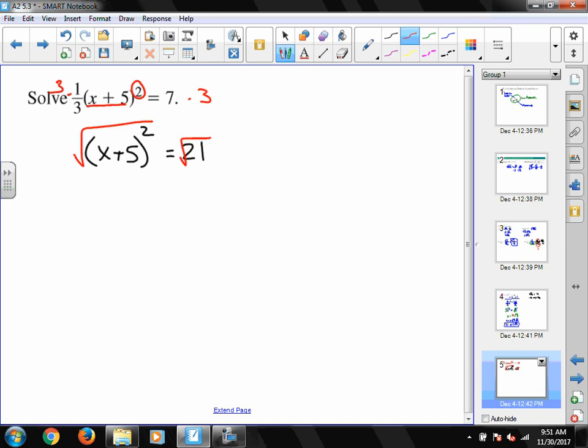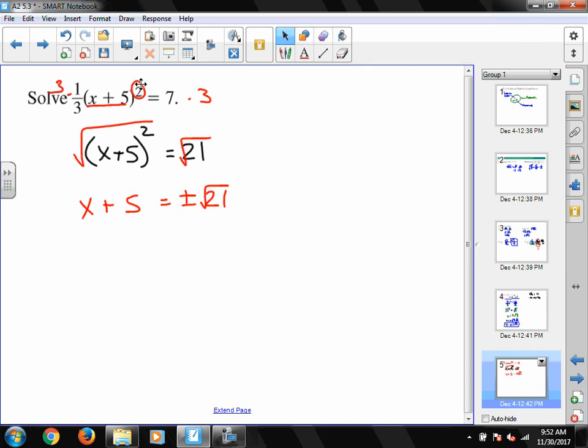So on the right side, I need to have that plus or minus square root of 21. On the left, I've got x plus 5. So I have x plus 5 is equal to plus or minus square root 21.